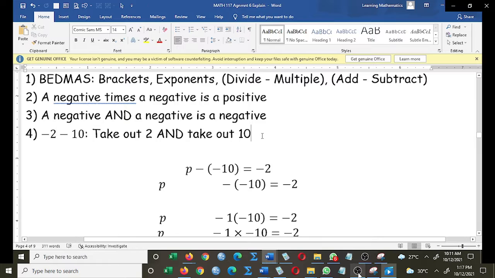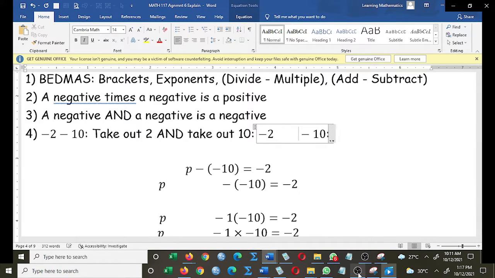Say negative 2 subtract 10, it's not really giving you a feel as to what is happening. But saying take out 2, and look at the space, that's what is happening there. You take out 2 and you take out 10. So be able to do those little algebra workings to really understand.